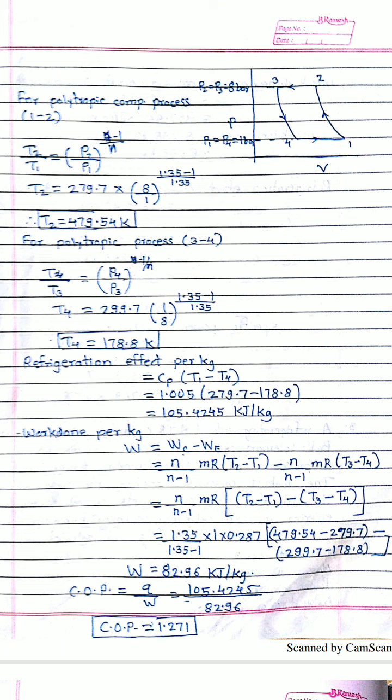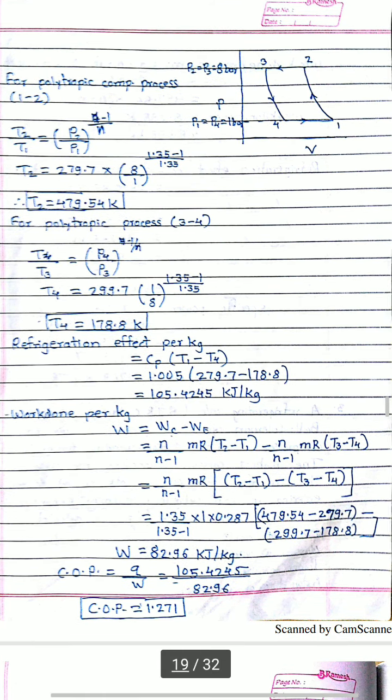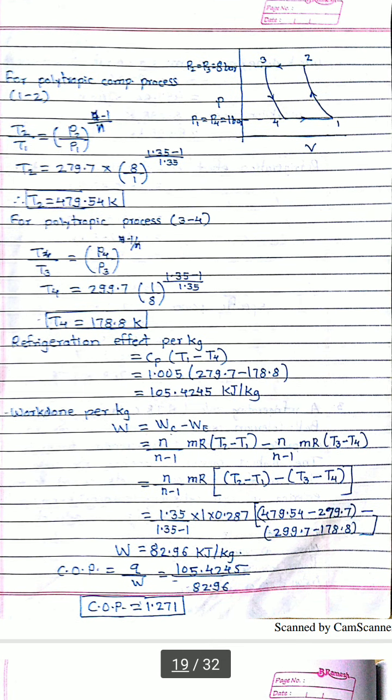So n value is given 1.35. So 1.35 divided by 1.35 minus 1, multiplied by mass given as 1 kg, into R is 0.287 gas constant, into (T2 is 479.54 minus T1 is 279.7, minus T3 is 299.7 minus T4 is 178.8).